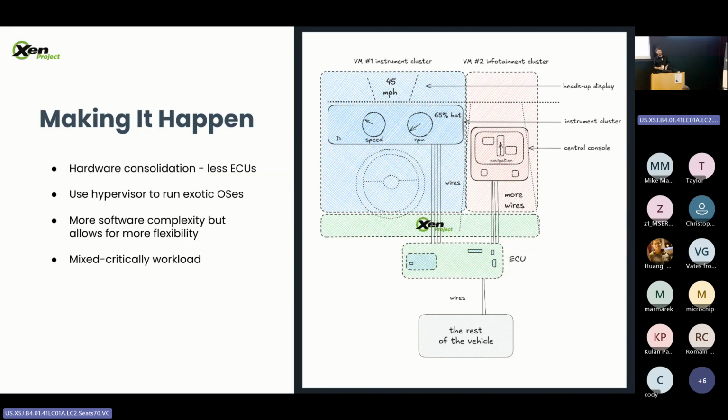Software fixes at scale are cheaper to introduce. And it can also accommodate mixed criticality workloads, like the instrument cluster, which should be considered a critical workload because it needs to show information in real time.